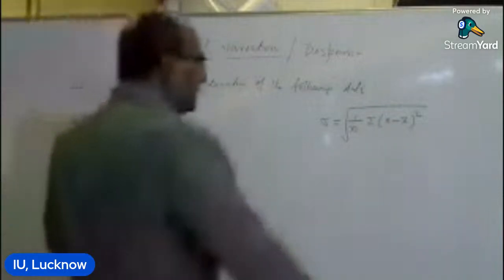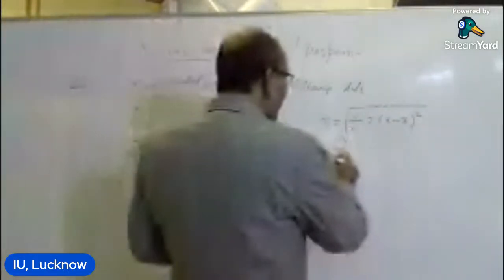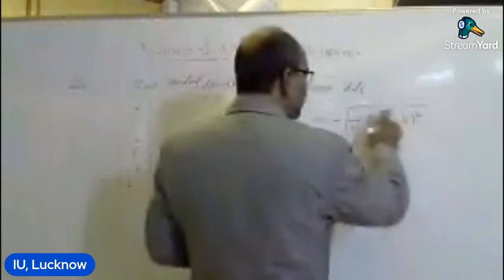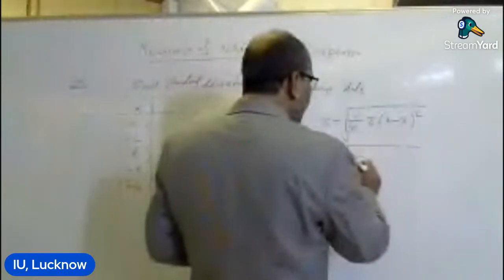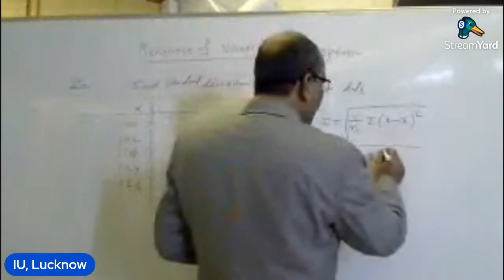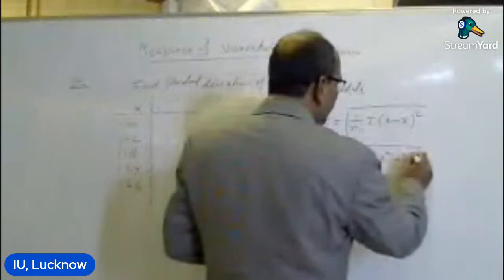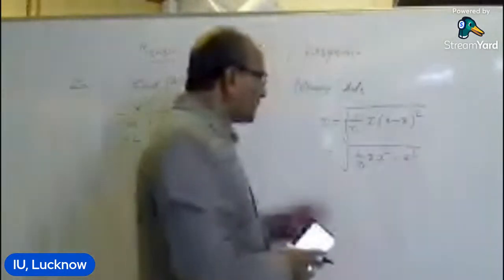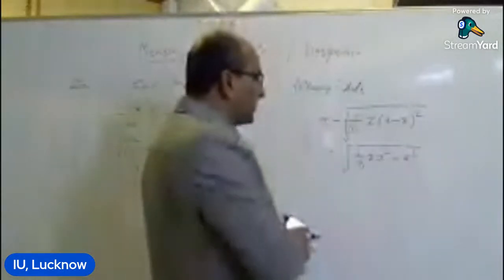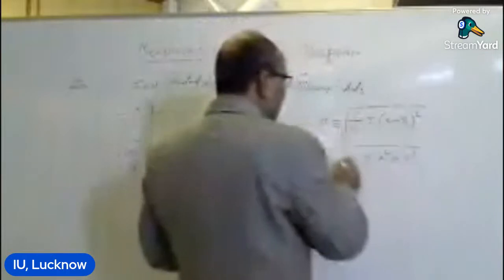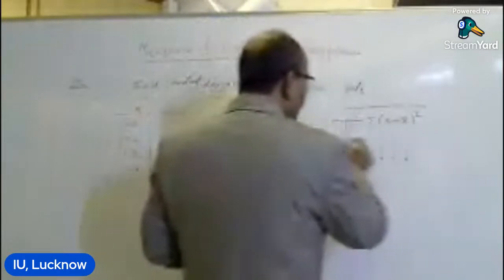We have also discussed this formula can be written as, if we simplify this, then this becomes the square root of 1 upon n summation x square minus x bar square. So either you can use this formula or this formula. Here we will use this formula.